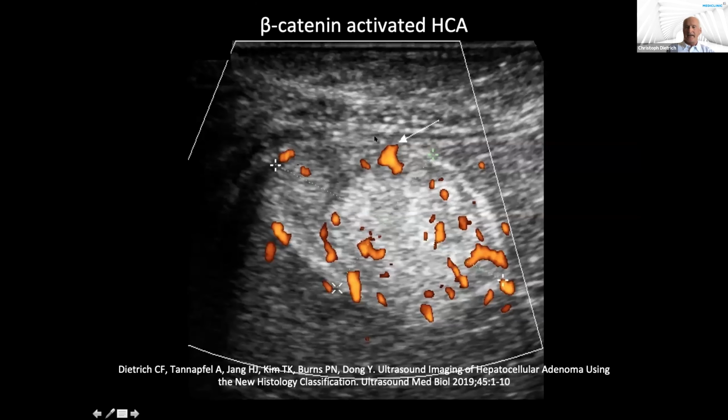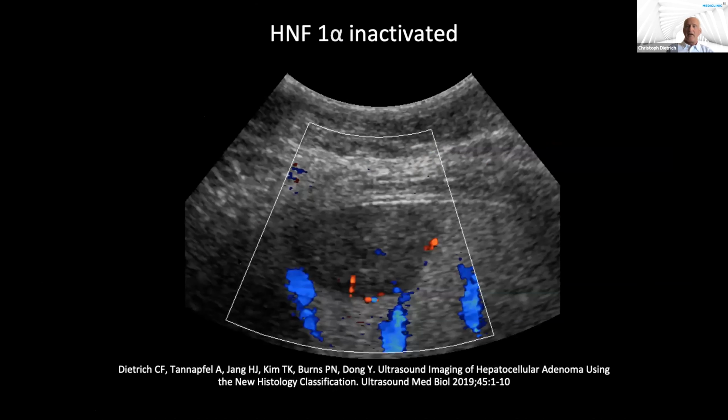Here you can see it's not hemangioma because it contains vessels within the lesion. It's a typical beta-catenin activated HCA in glycogenosis disease. Here you can see a hypoechoic and fatty liver. It's an HNF1 alpha inactivated, histologically proven adenoma.